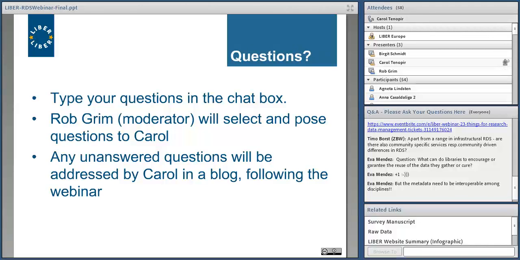Yeah. Well, following up on the metadata, Eva Mendes from the audience says but the metadata need to be interoperable among disciplines. So I assume she refers to the fact that the metadata is not yet interoperable. So how should that proceed? How should that evolve?